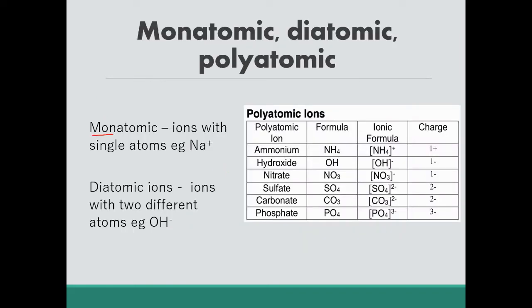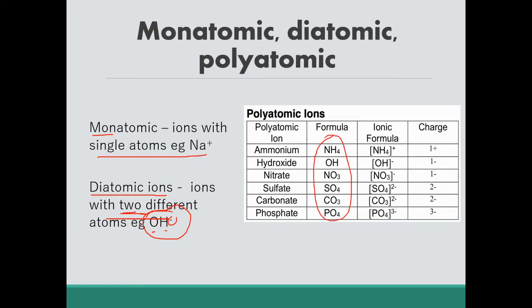Monatomic, mon just means one, so these are ions with single atoms, like sodium. Di means two, so diatomic ions have two different atoms, like hydroxide, which is a combination of oxygen and hydrogen atoms, and overall it has a charge of -1. Here are some examples of polyatomic ions.